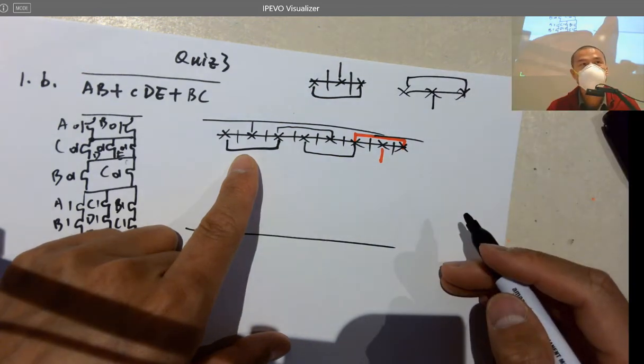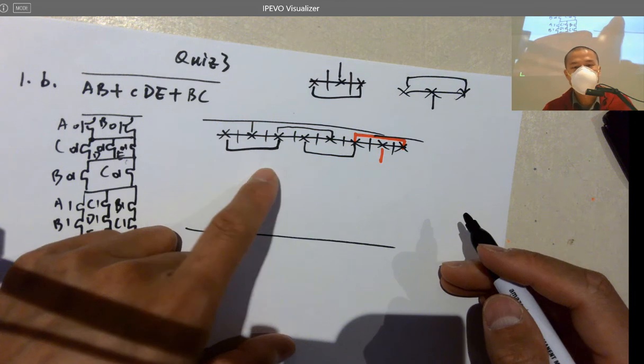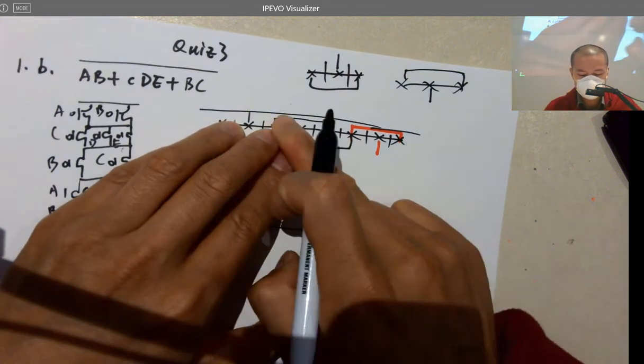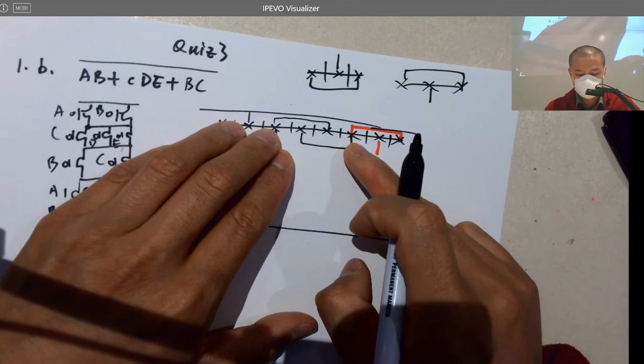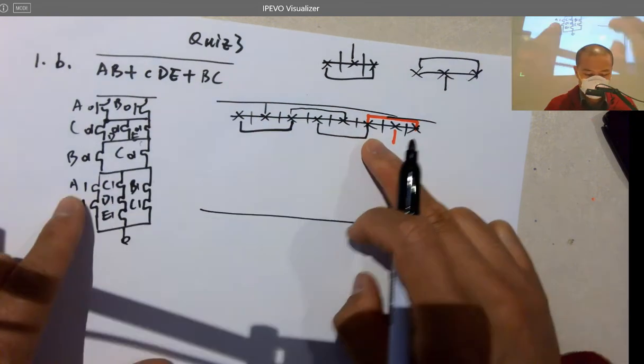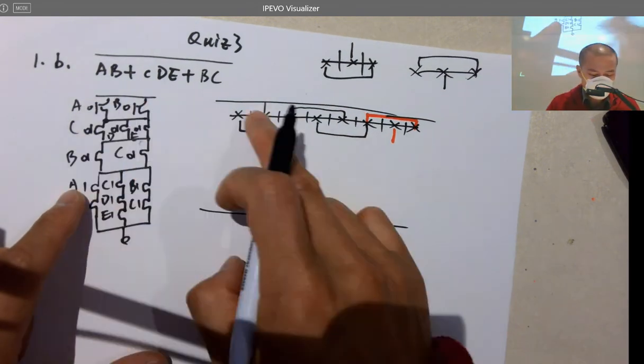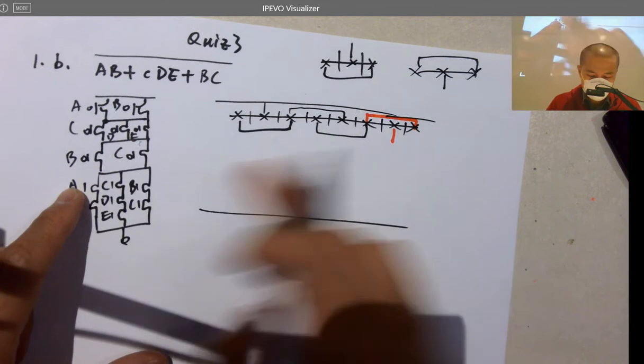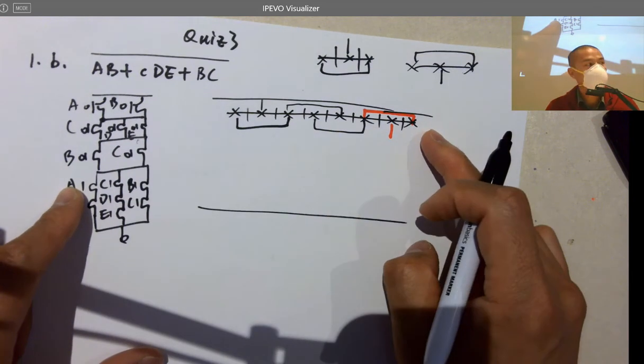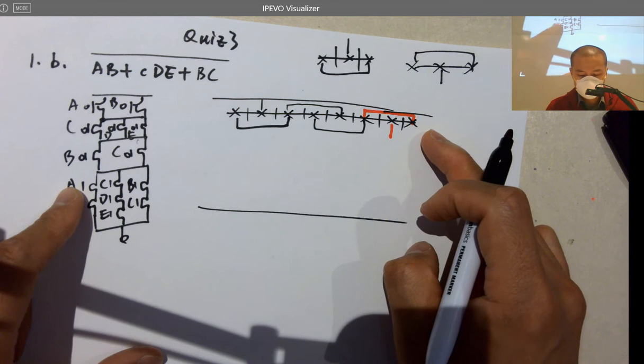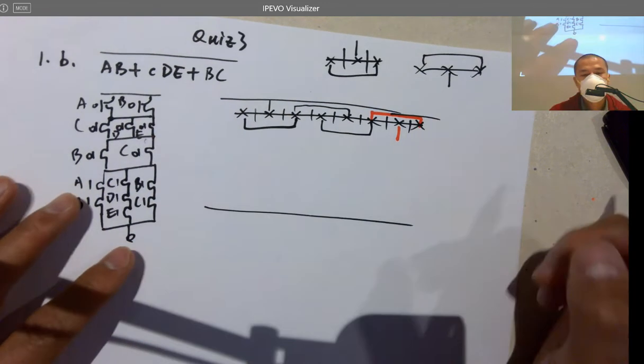That's 2 in parallel. So for 3 in parallel, it's simply just this. So I can do these 2 here, these 3 here, and then these 2 here. And I'm done for the top.